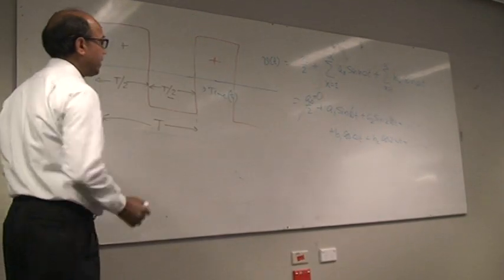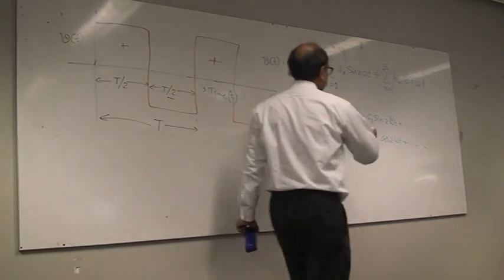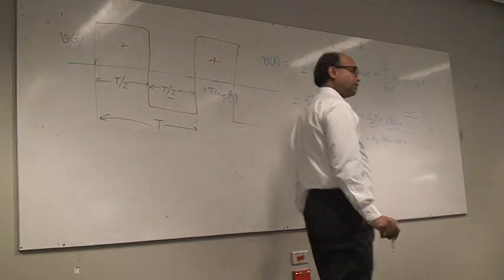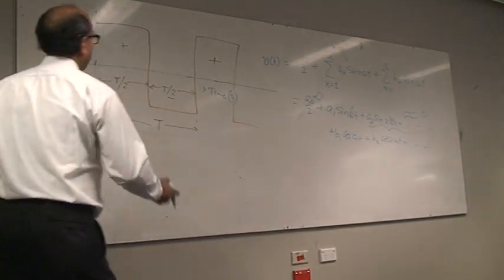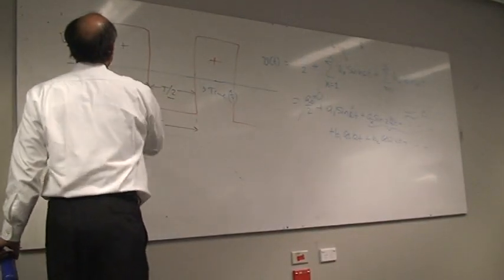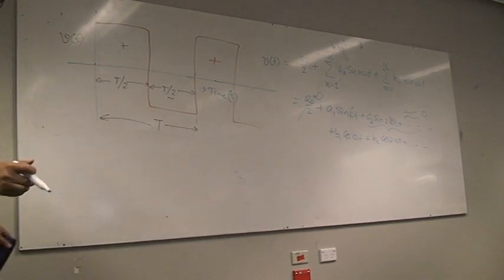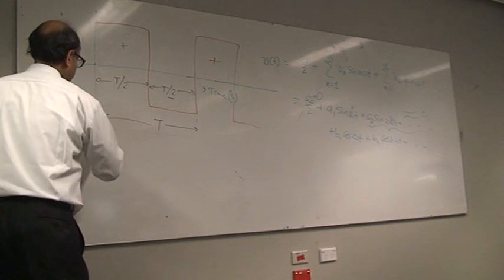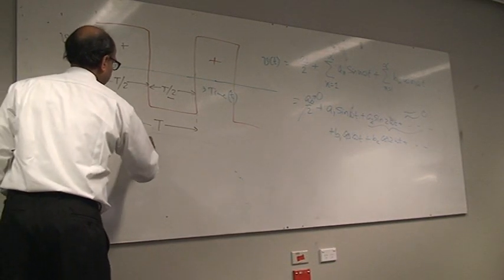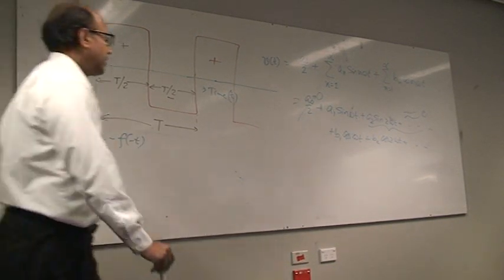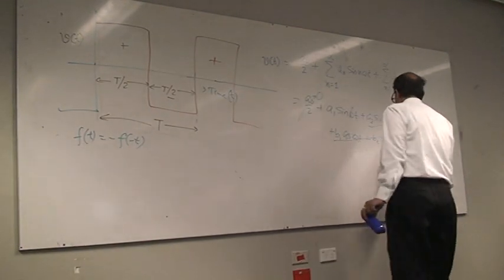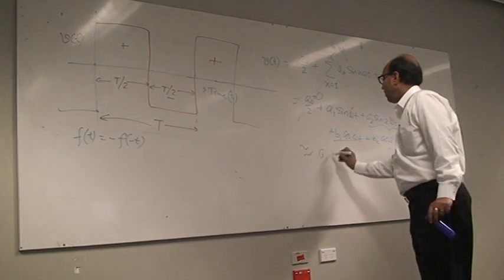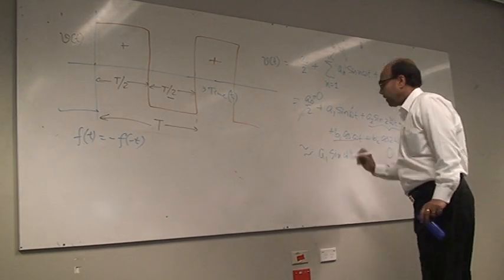And I am making it such a way that all these terms are going to be 0. This is a perfectly odd waveform, because this side it will come like that. So f of t equals minus f of minus t, which means the cos terms will all go to 0. So I have ended up with a1 sine omega t.